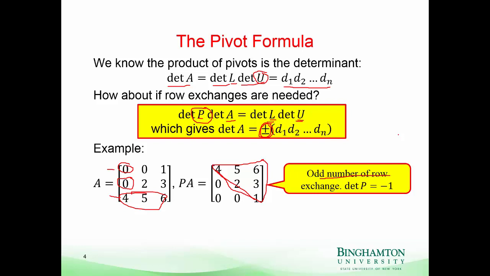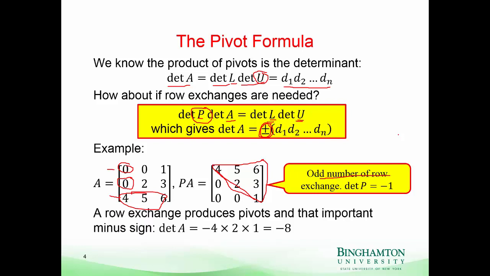In fact, any odd number of row exchanges causes a sign change. An even number of row exchanges does not. And so now we can account for this. We do this product 4 times 2 times 1 gives us 8, but then we account for the negative, and so the determinant of the original matrix would be -8.